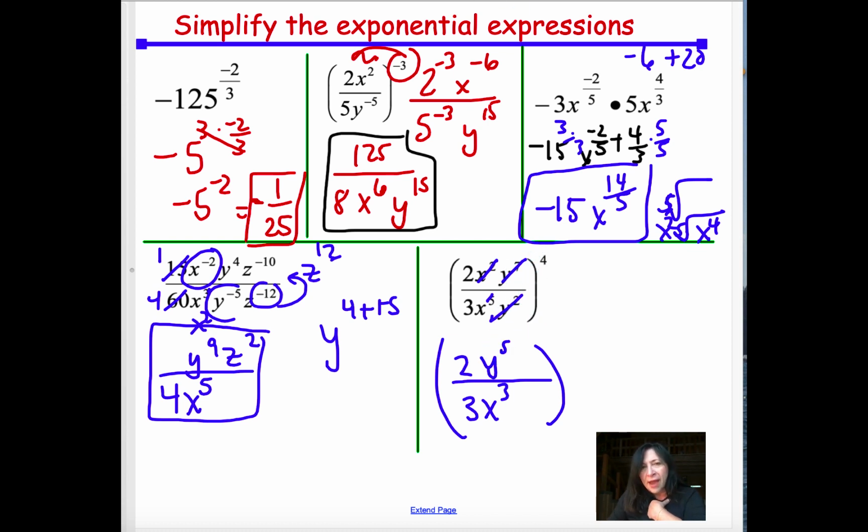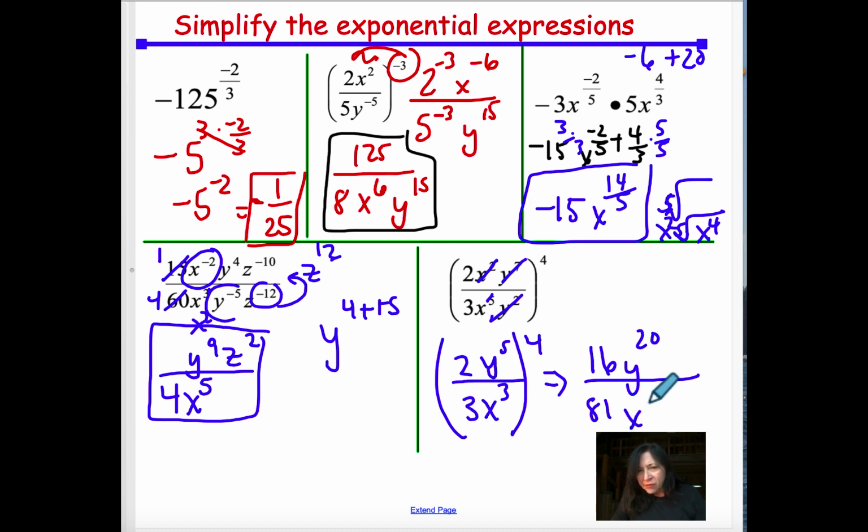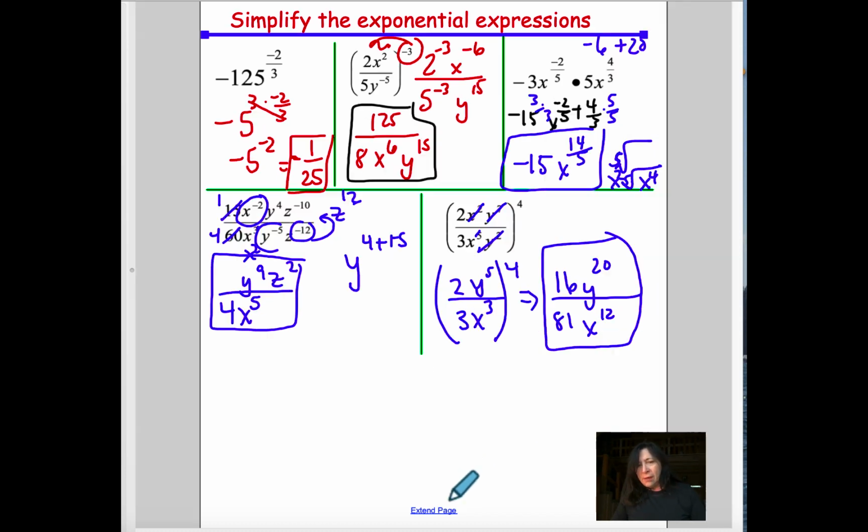And then all of that is going to be to the 4th power now. Bringing in the 4th power after I reduce is just going to make the numbers a little smaller. So 2 to the 4th is 16. So I have 16 y to the 20th. 3 to the 4th is 81 x to the 12th. And so this would be my answer for this expression when you're just simplifying.